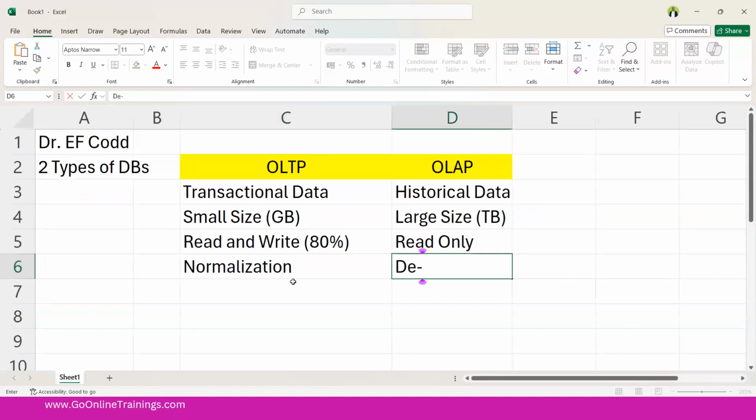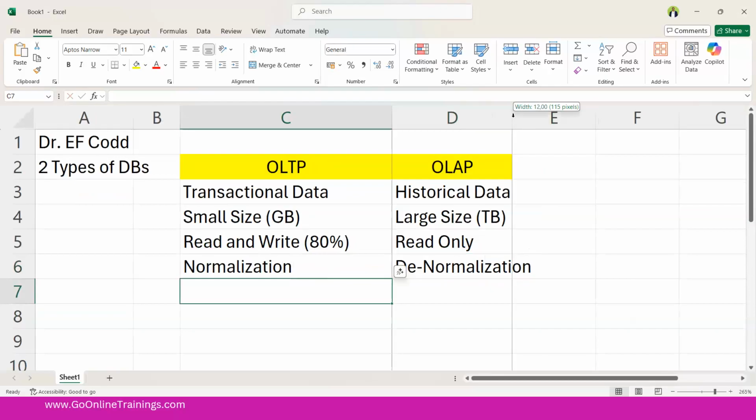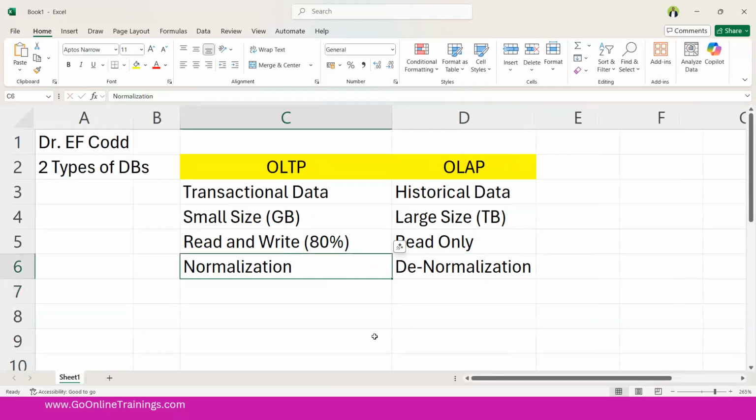In OLAP, denormalization is used, right? Normalization means removing redundancy theoretically, but normalization will create smaller tables, a lot of smaller tables. When you create smaller tables, writing capability will be very, very fast.